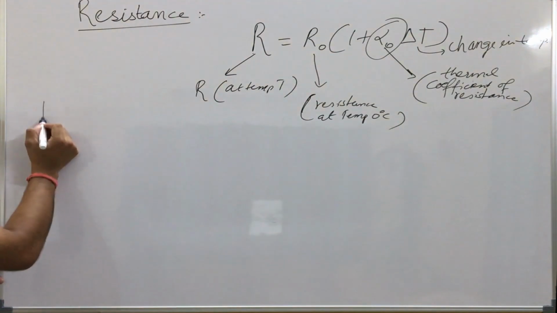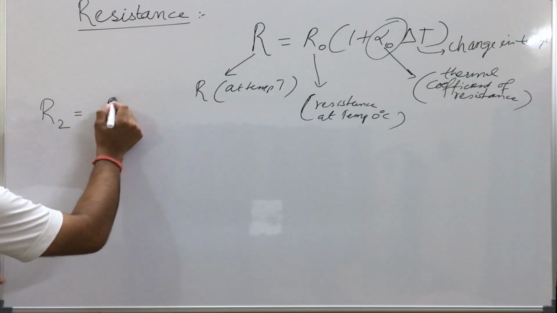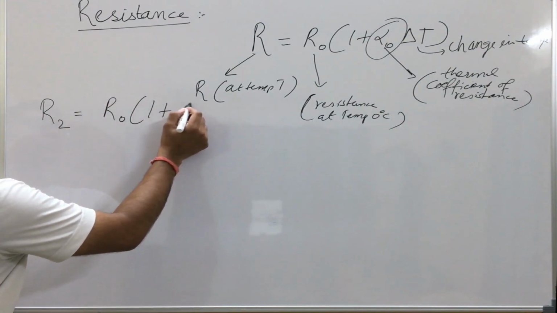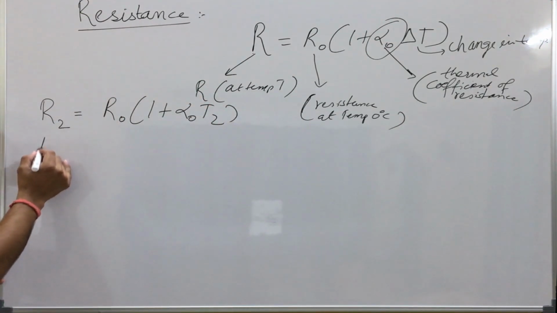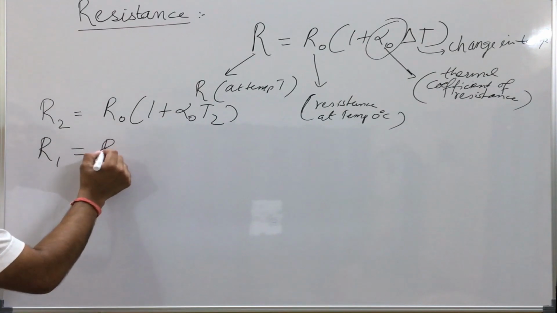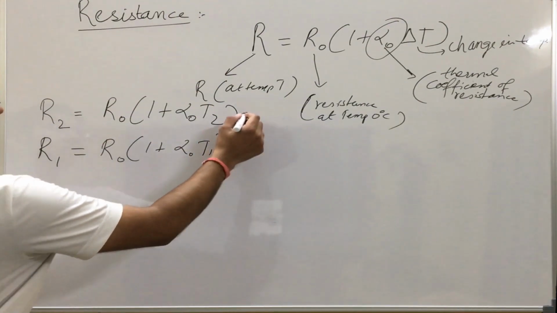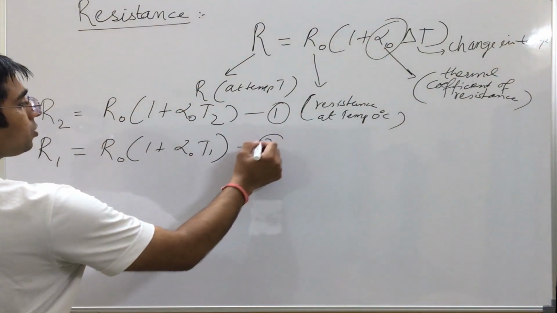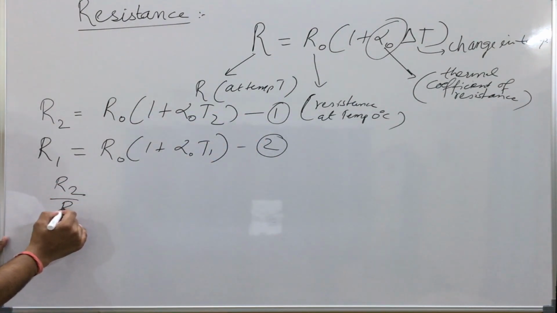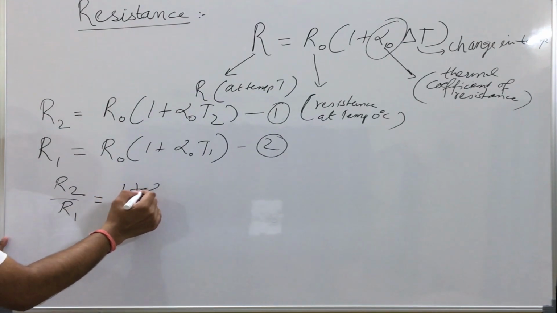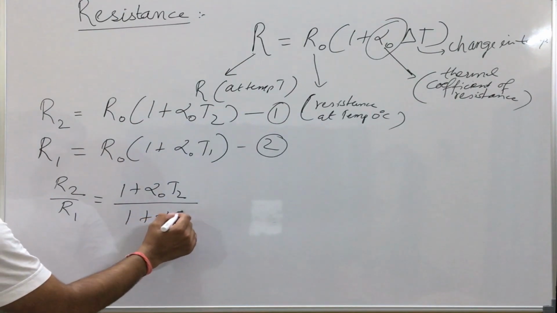So let us say I have R2 at some temperature T2, and similarly R1 at some temperature T1 will be R naught (1 plus alpha naught T1). Let us say this is equation 1, this is equation 2. I will divide these two equations. What I will have, R2 by R1 is equal to (1 plus alpha naught T2) by (1 plus alpha naught T1).